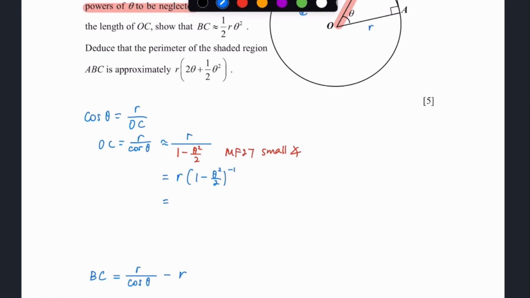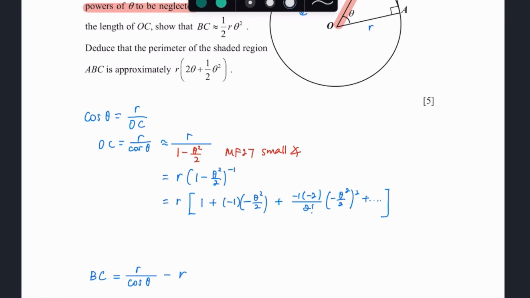So this will be r, 1 plus n times this, plus n(n minus 1) over 2 factorial, then this one squared, and so on and so forth. Theta square and square some more, so on and so forth.